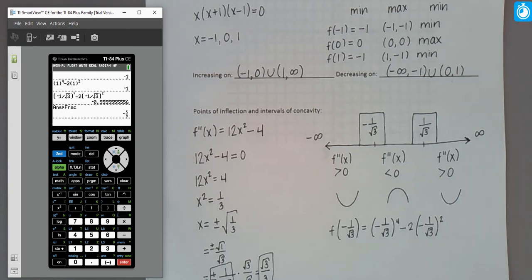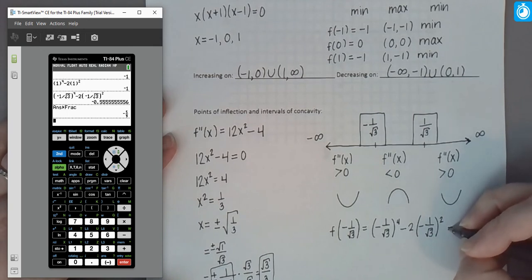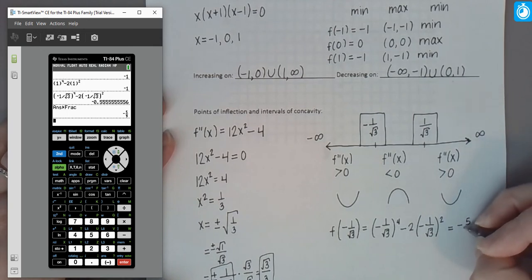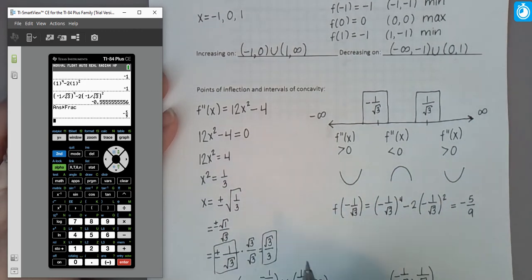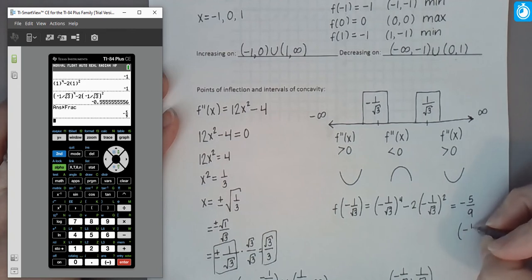We'll notice that one actually converts because the result of this particular expression is rational. So that's going to be negative 5 over 9. So that means our inflection point is negative 1 over root 3, and then negative 5 over 9.